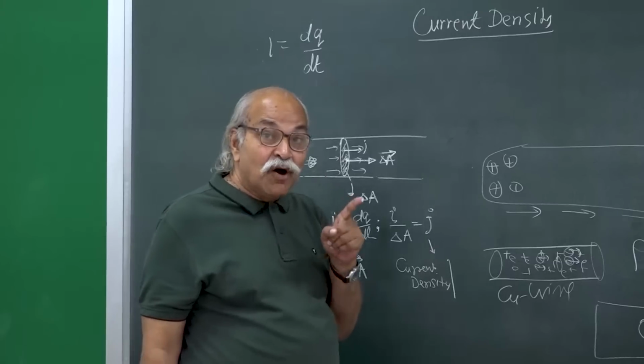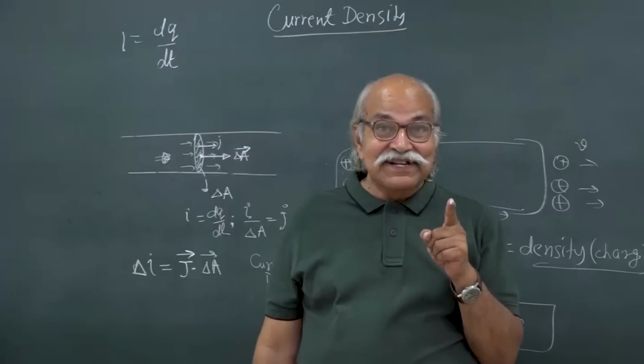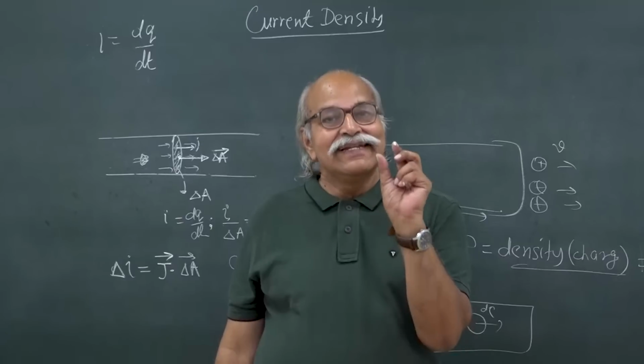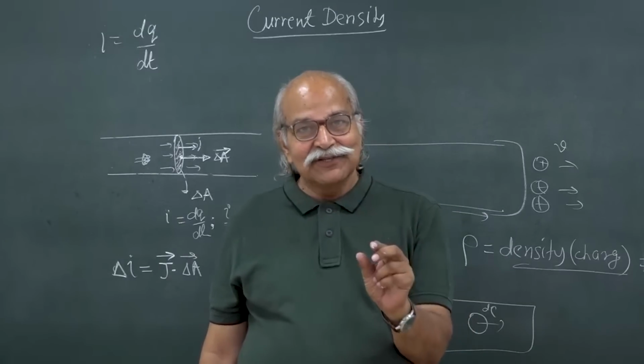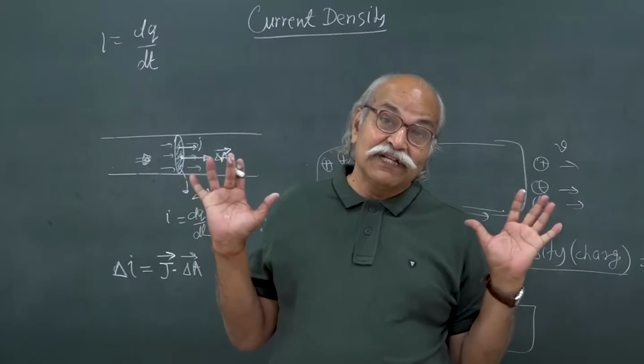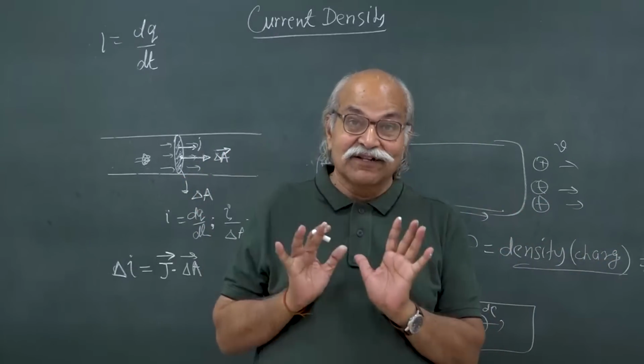When I say very small in this course, it has to be understood very clearly that we are talking of length scales or area scales or volume scales in which there are at least 10,000, 15,000, 20,000, 50,000 electrons or equivalent charge.